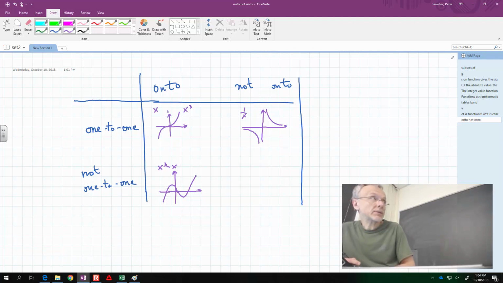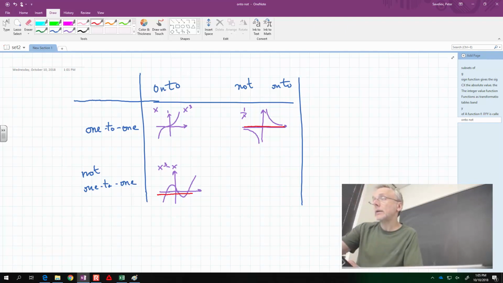The rest is similar to x cubed, so it still goes to infinity on the left, to the other infinity on the right, but in the middle it makes this little twist or fold, if you prefer, and that's what makes it not 1-to-1. So let me point that out. This one, what makes it not onto, that line has no intersections.